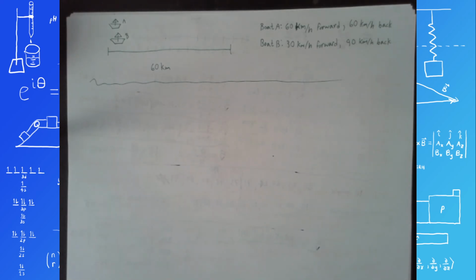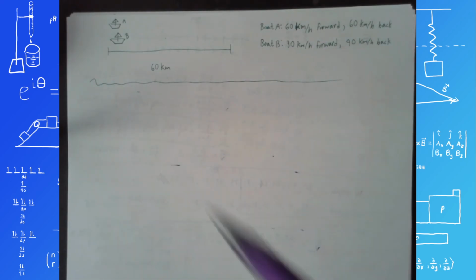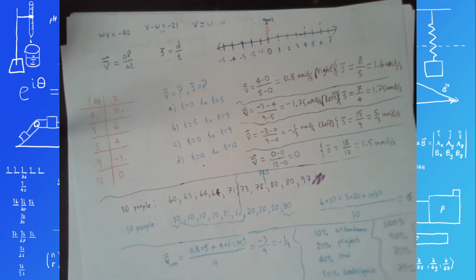So they said boat A goes across at 60 kilometers per hour and returns at 60, and boat B goes across at 30 and comes back at 90. Which one wins, or is it a tie? If you said it's a tie, you didn't pay attention to my spiel a few minutes ago about weighted averages.